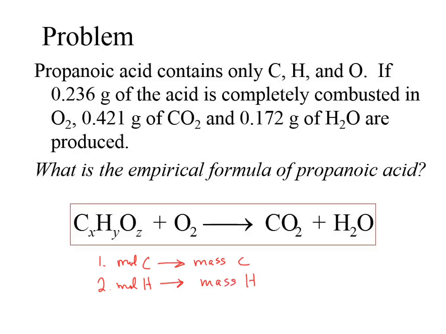Step number 3 is you take sample mass and you subtract mass of carbon, and you also subtract mass of hydrogen. That gives you mass of oxygen.